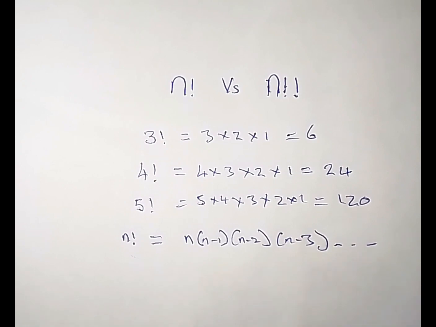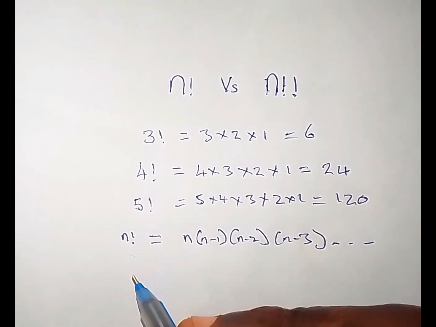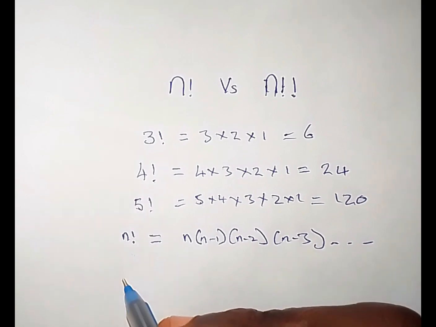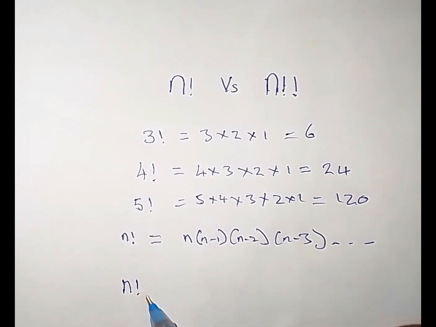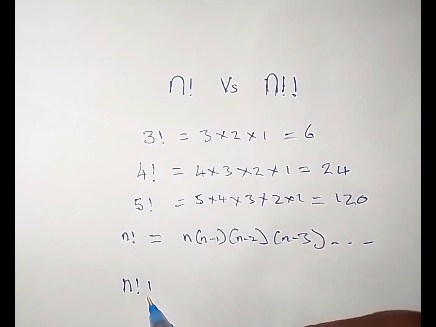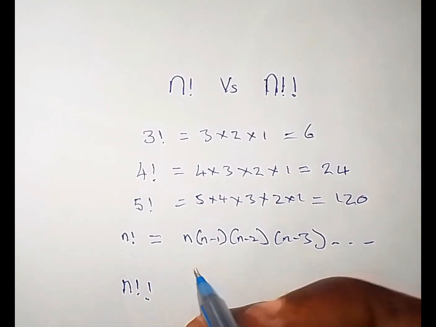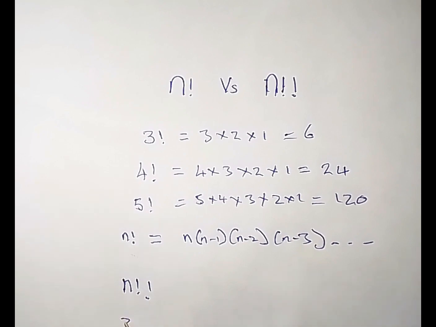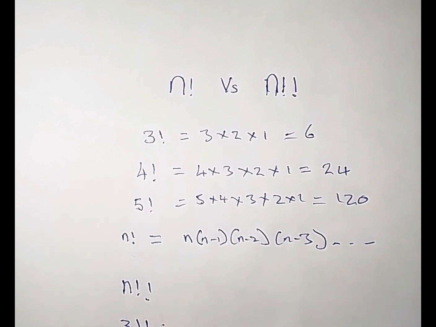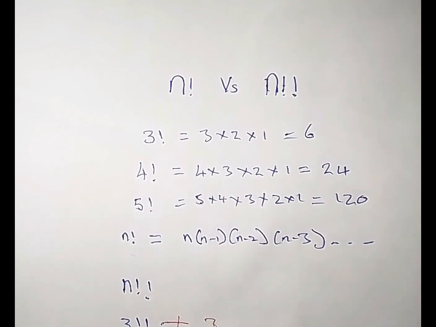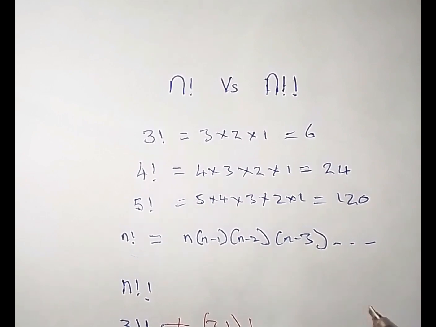Now for double factorial, or semi-factorial, denoted as n, then with two exclamation marks like this. An example of this, let's start from 3. 3 double factorial is not the same thing as 3 factorial in brackets and then factorial. No, that is not what we mean.